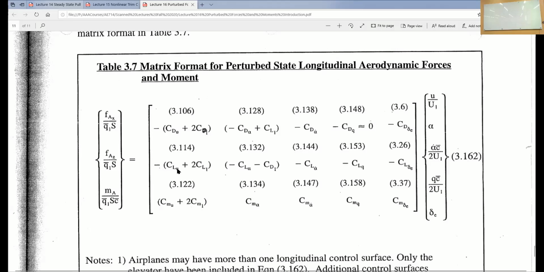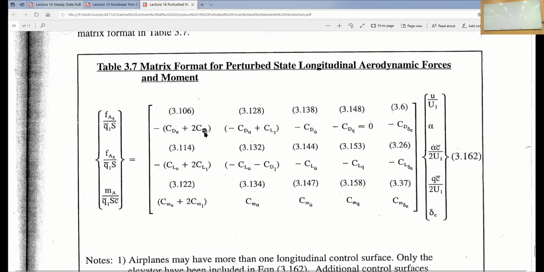We'll derive these other formulas, but if you look at just pattern matching, here's CDU to CD1. Down here, we're going to do the Z direction, and that's CL, because L is in the lift direction, and this is CL, and then CM and CM. I think what he did was he cut and pasted from here. When we derive these, it's actually going to flip to CD and CL, CL and CD. I'll show you why that is.